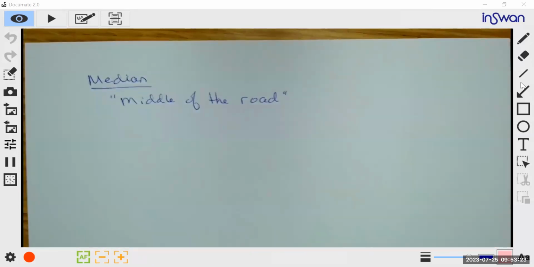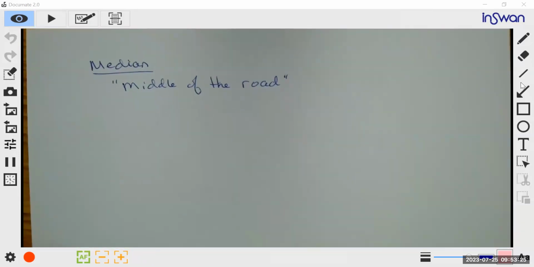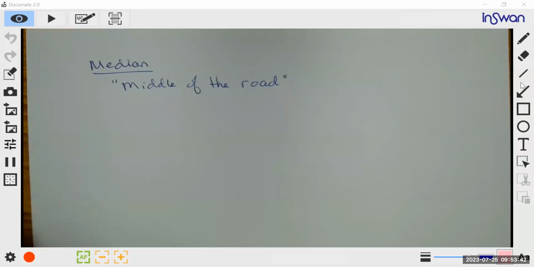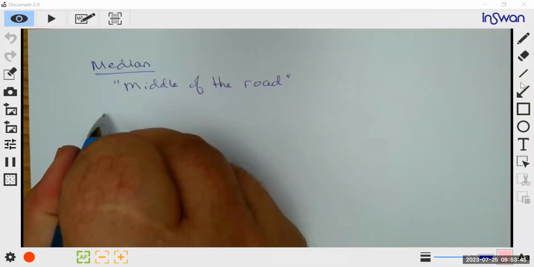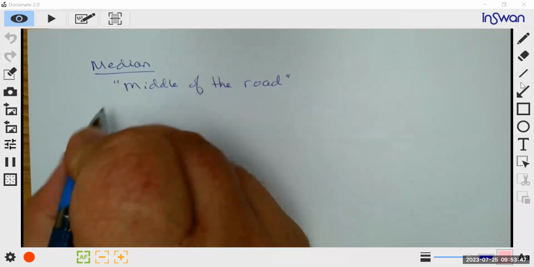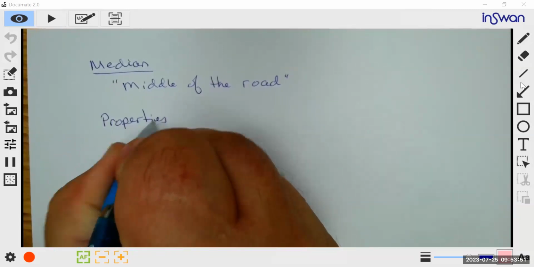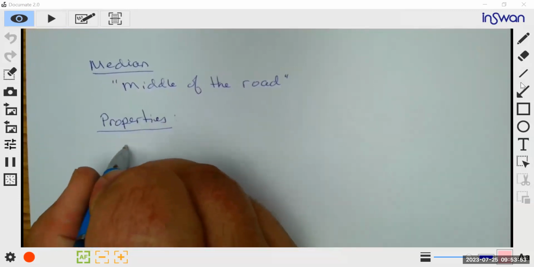You could think of the median as the middle of the road. The properties of this. The first one.